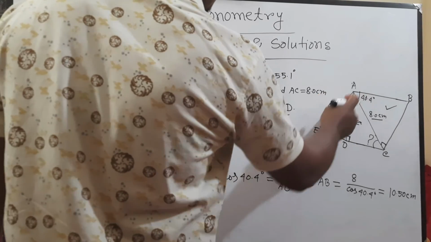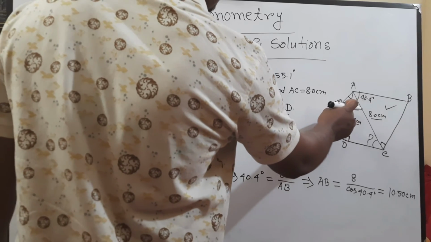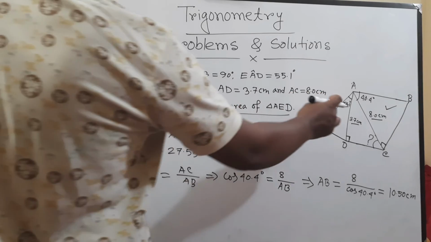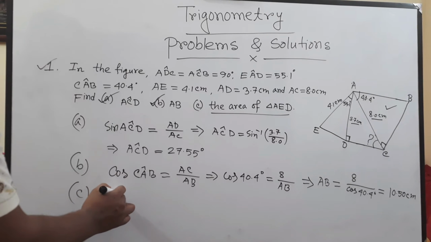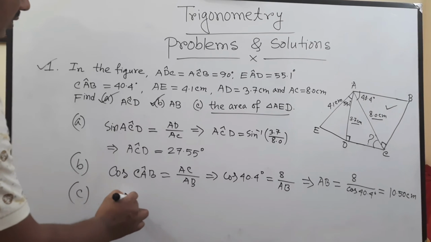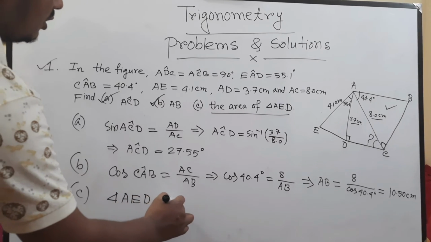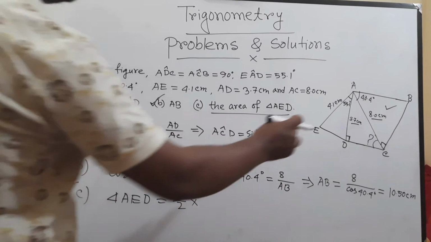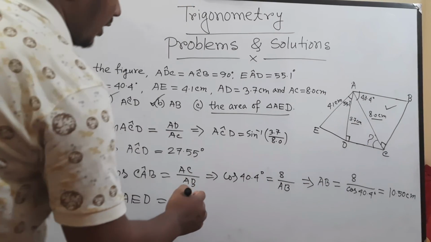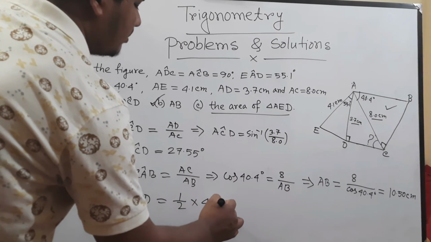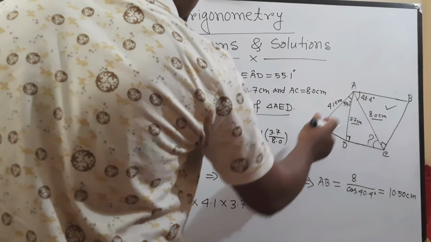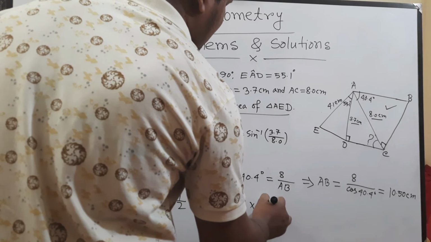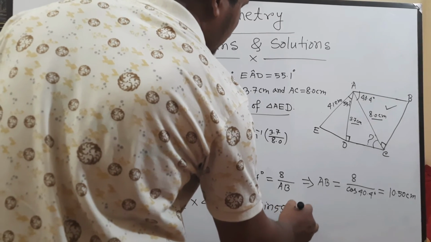Okay, now finally the area of the triangle AED. So here the triangle AED, look at here, one angle is given and two adjacent sides are given. In my first lecture I showed this formula. So for finding the area of this triangle AED, it will be half into the product of two adjacent sides, that is 4.1 multiplied by 3.7 multiplied by the corresponding angle, that is 55.1. So sine 55.1 degree.